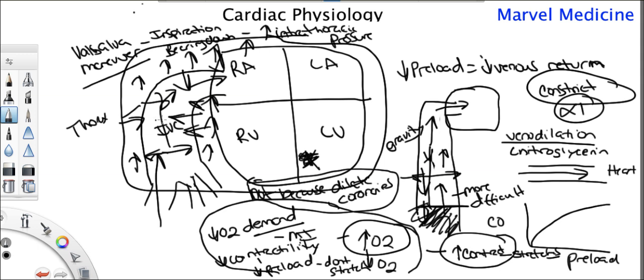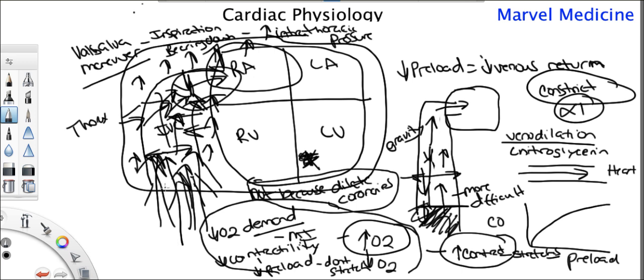And if I constrict the IVC here, will it be easier for the blood to come through here or harder? It'll be harder, okay? Because there's such increased pressure here, it'll be really hard for the blood to come back up. Because the right atrium is being squeezed, the IVC is being squeezed, and the blood can't get back up that easily. That's why the Valsalva maneuver will decrease preload. And the way it does it is by increasing the intrathoracic pressure.